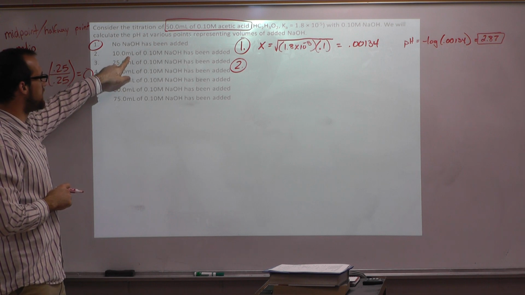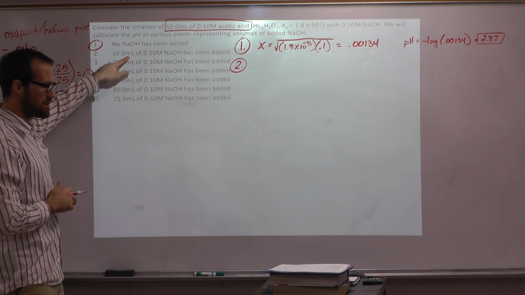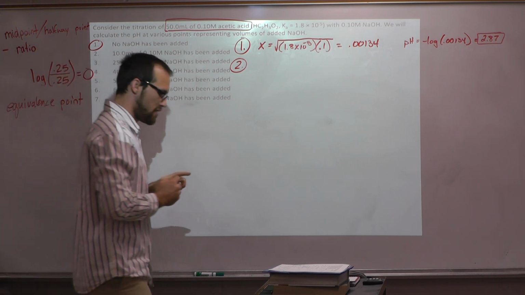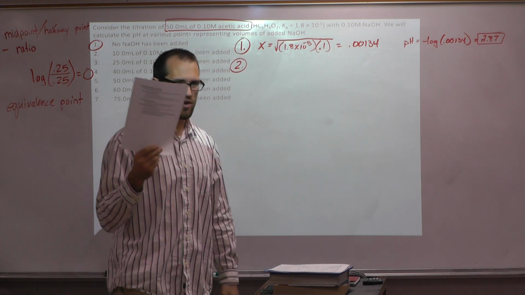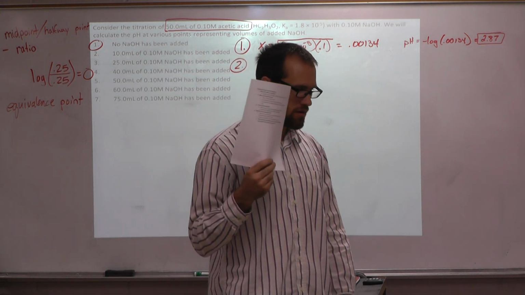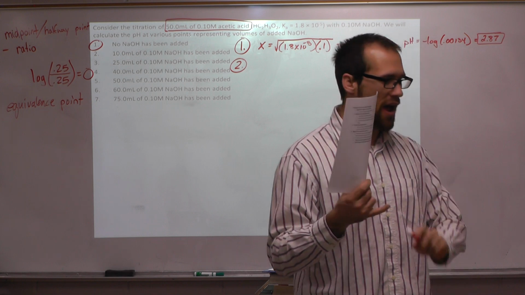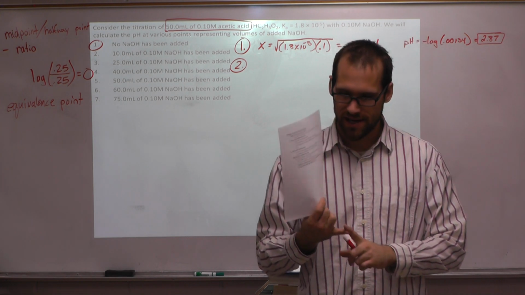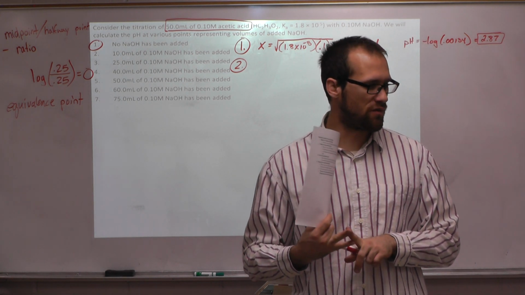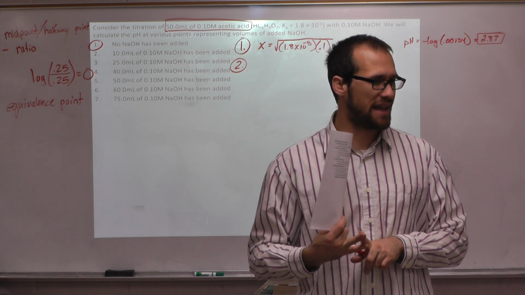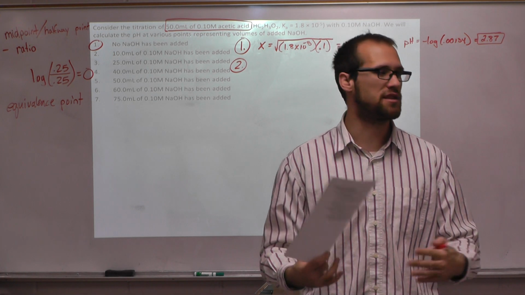We have now begun to add some strong base. And so the second step on your little sheet that I gave you, anytime you have added something that you're titrating, but you're before the equivalence point, you're going to treat it like any buffer problem we've been doing up to this point.